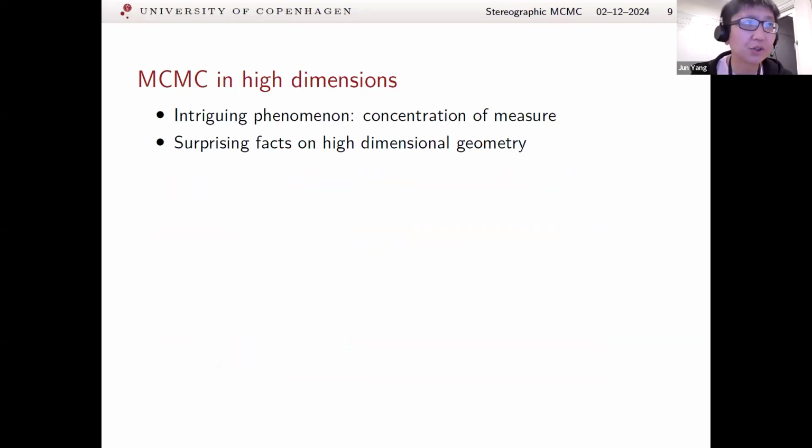Before I show you the results for these two algorithms, let me emphasize: MCMC in high dimension, because the target, the posterior distribution, usually has some concentration phenomenon, which is kind of counterintuitive. It usually connects to some surprising facts about high dimensional geometry.